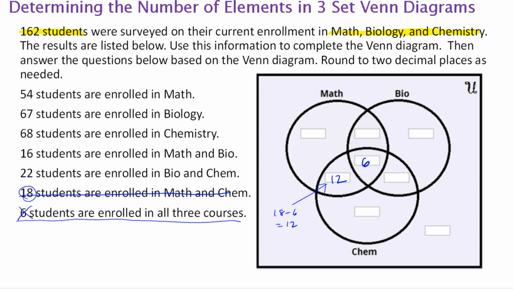Now we've used that. Let's move up to the next one. 22 students are enrolled in bio and chem. Okay, so here's chem, here's bio, and these 2 pieces are their intersection. So that means these 2 add up to 22, so this piece is 22 minus 6, which is 16.